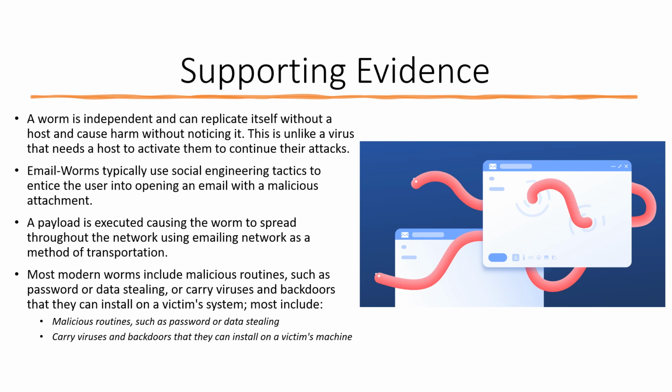A payload is executed, causing the worm to spread through the network as a method of transportation. Most modern worms include malicious routines such as password or data stealing, or carry viruses and backdoors that they can install on a victim system. Other common names for this are a mass mailer or internet worm.